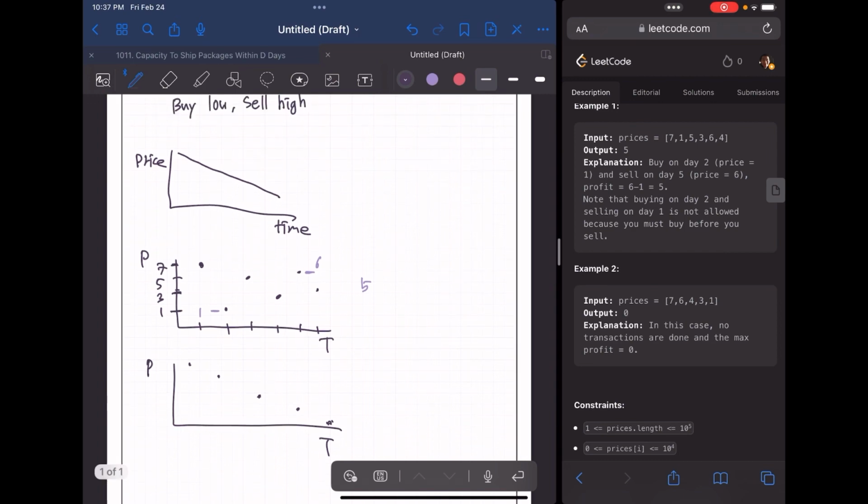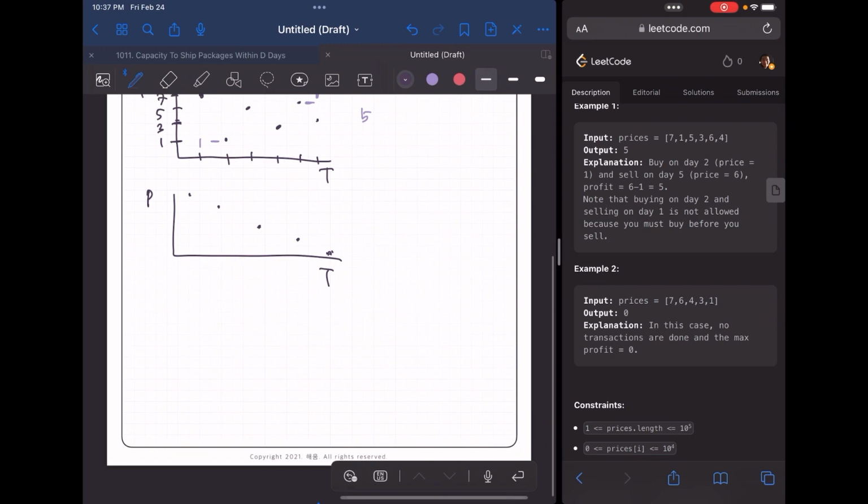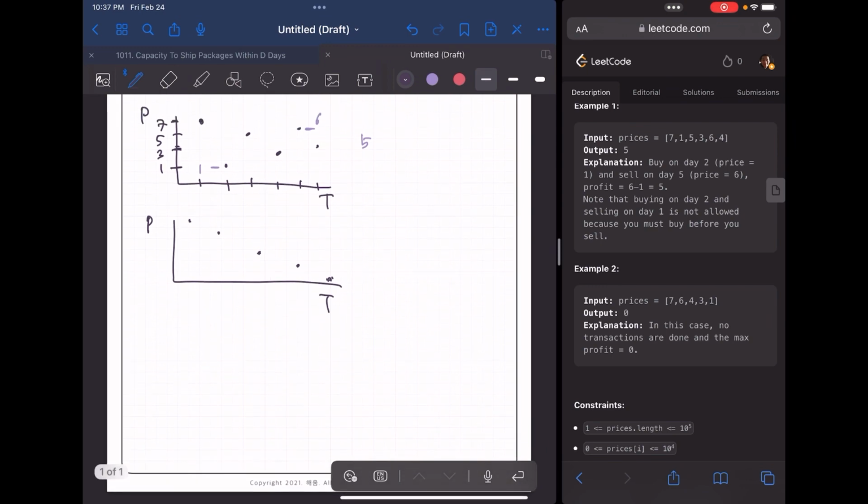So buying low, selling high means whenever we see the minimum value, we can actually set that as the buying day. Okay, so I keep saying basically so many times.